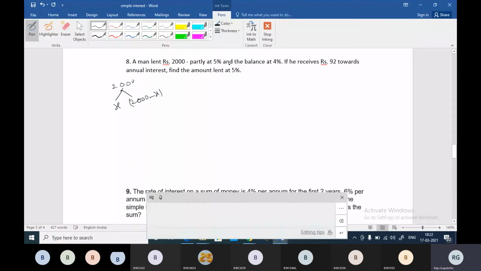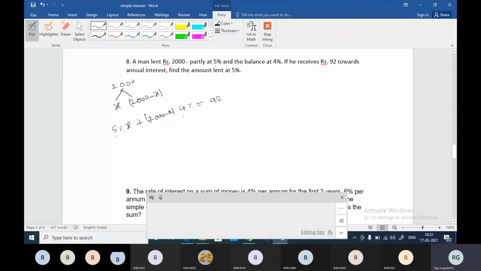So one part is at 5%, that is 5% of x. If he receives 92 towards annual interest, find the amount. Plus (2000 minus x) 4% PTR by 100 is equal to 92. That is the interest. This is the interest for this part. This is the interest for the second part.